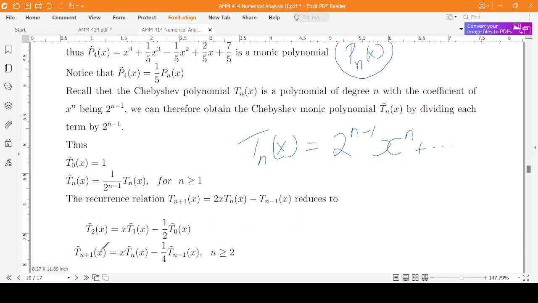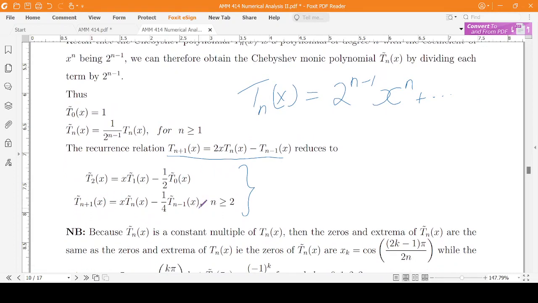Then we had the recurrence relation which we have here. This relation will be reduced to this form. T2, the Chebyshev monic polynomial T2, is equals to x times the Chebyshev monic polynomial T1 minus T naught of x.